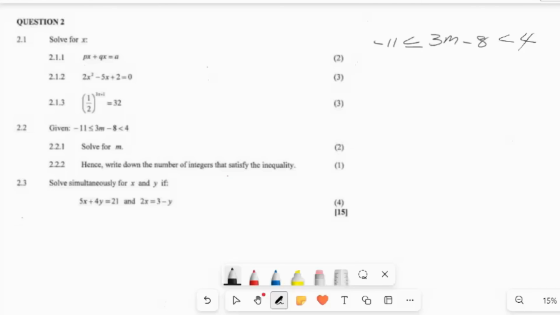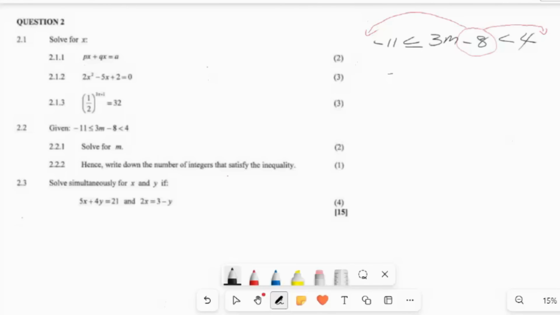The first thing that we need to do is to transpose minus 8. This time around, we don't only transpose to the one side, we transpose it to both sides of the inequality. So it's going to change the sign from negative to positive.